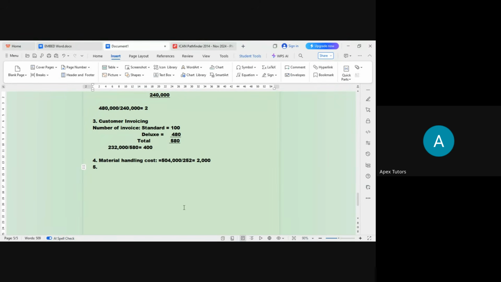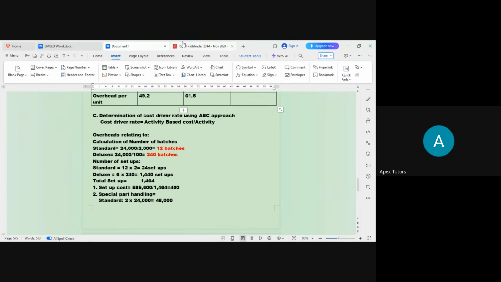So the other overheads will be 864,000. Since it's based on labor hours, the total labor hours is 216,000. How do we get that?